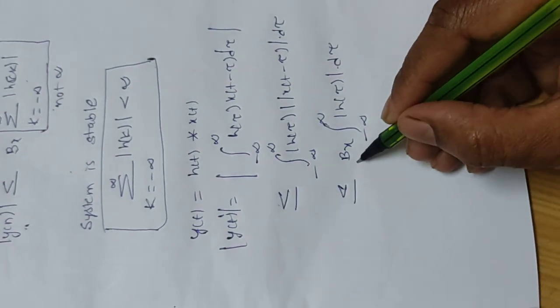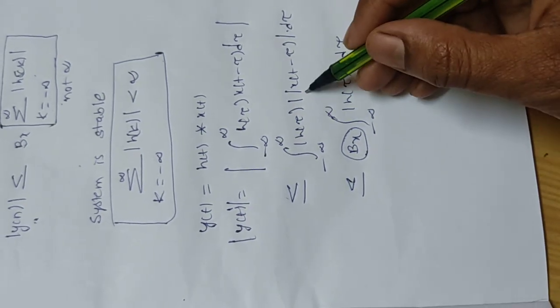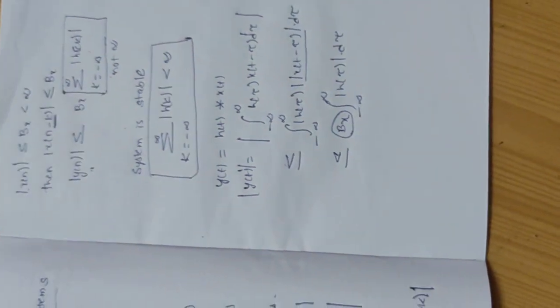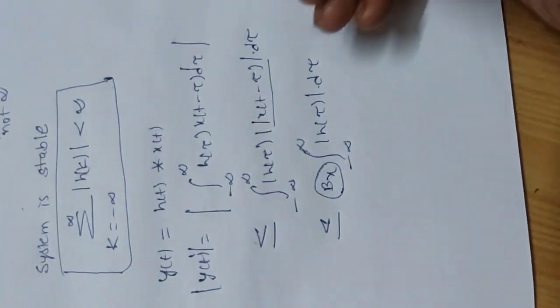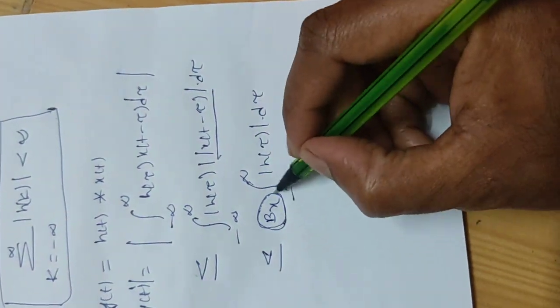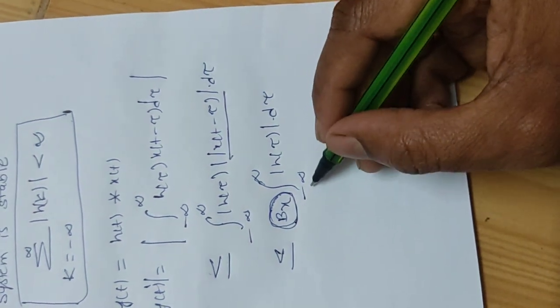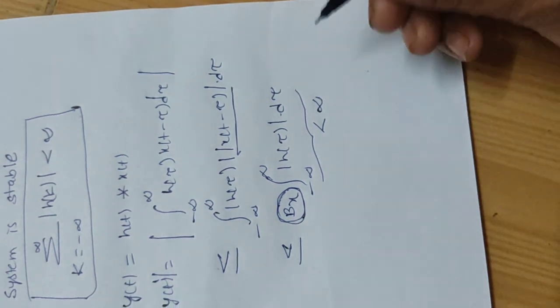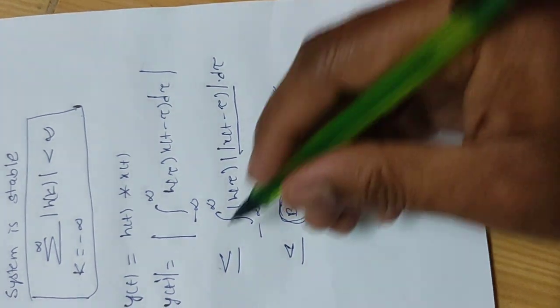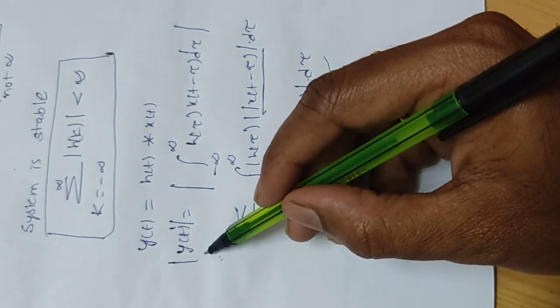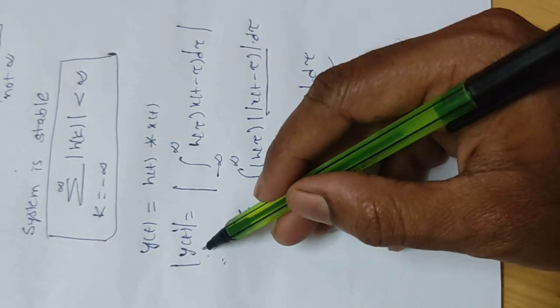Okay, and this bx bounds modulus of x of t minus tau, since the input is a bounded signal, so it can be replaced with bx. The next thing is that this integral must be less than infinity. If it is less than infinity, then y of t becomes a bounded signal, a bounded output.